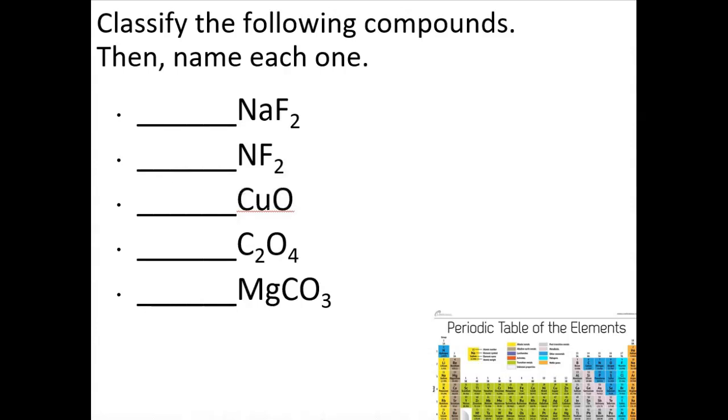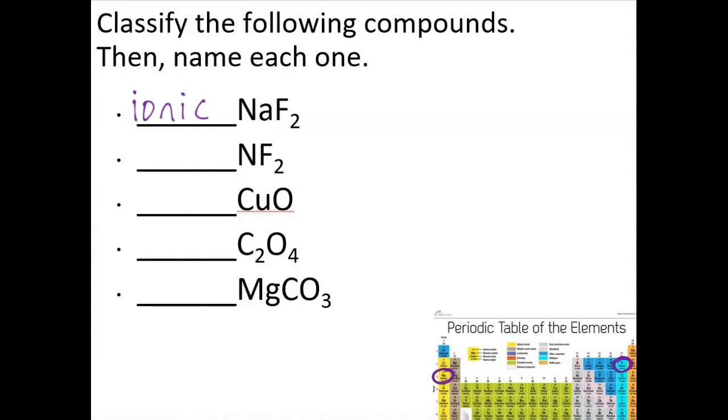So for this first one, it consists of Na and F. I'll find Na and F on my periodic table down here. There's Na, it's a metal. F is a nonmetal. So if you have metal plus nonmetal, you know that it is ionic. If it's ionic, I don't have to worry about prefixes. I do need to ask myself if there's a transition metal though.